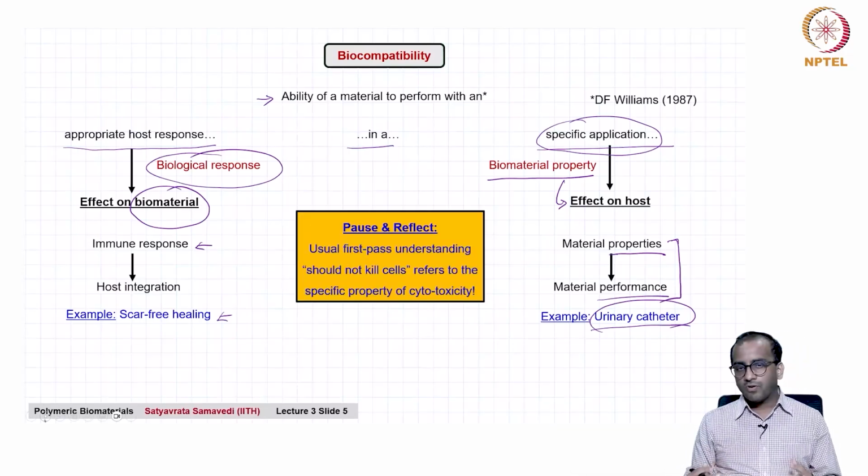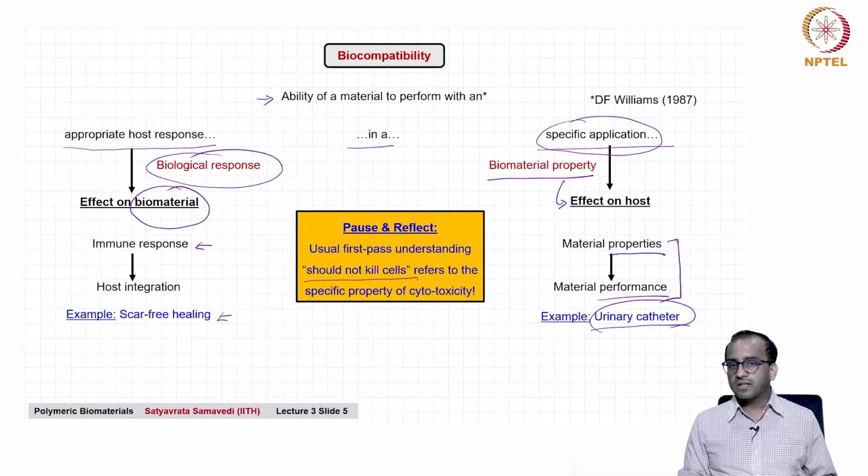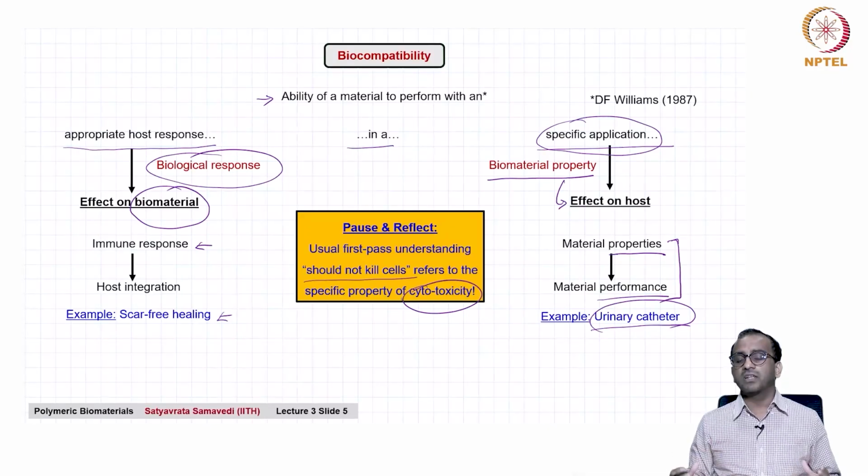What you also should appreciate at this point, and I would like you to pause and reflect on this point, is that typically when you hear the word biocompatibility or when people talk about biocompatibility, the first intuitive response that people will have is the material should not kill the cells. But as we just saw, that's a very specific property called cytotoxicity, which may be one aspect of biocompatibility, but biocompatibility is much larger.